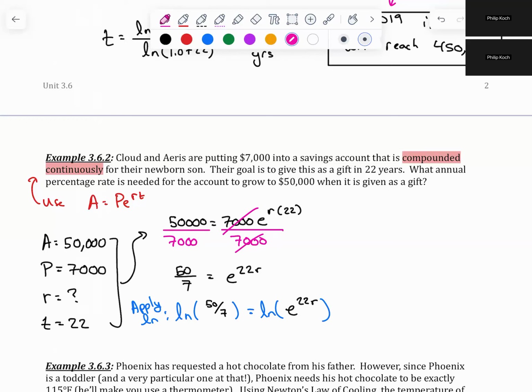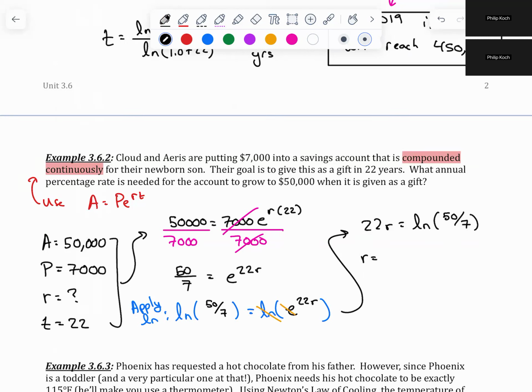And because it's natural log, it cancels out the e because they're the same base. Natural log is log base e. So the e cancels. So this gives us that 22r is equal to natural log of 50 divided by 7.